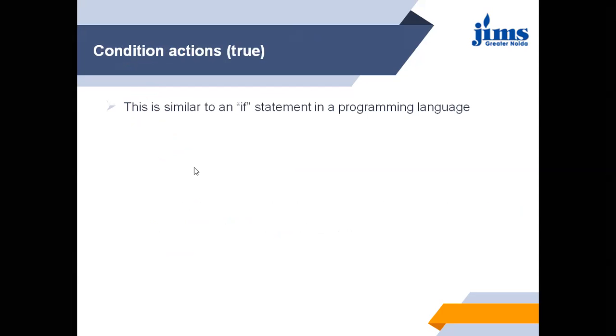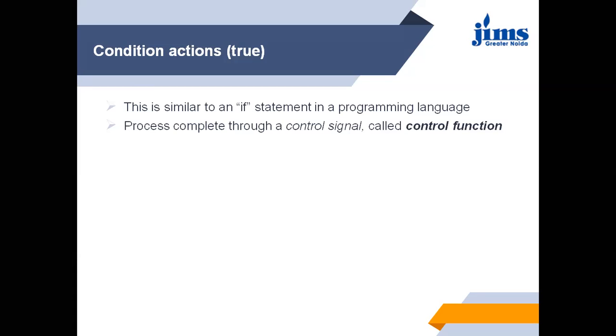Control signals are similar to an if statement in any language, because when the value of the control signal is high, we can transfer the data. This is similar to an if statement in a programming language: the process completes through a control signal, but the control signal should be high.